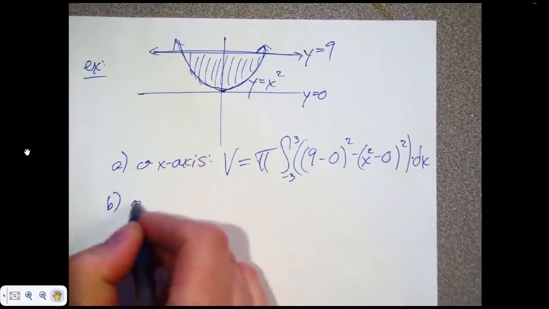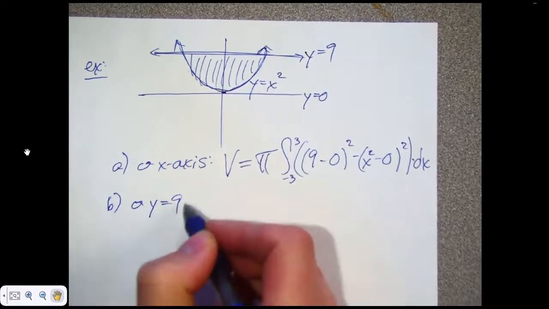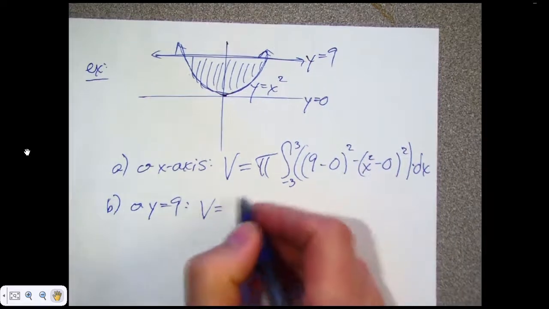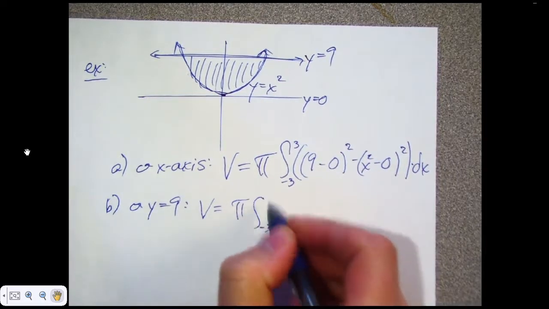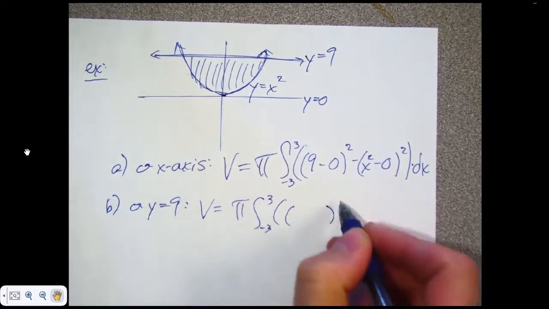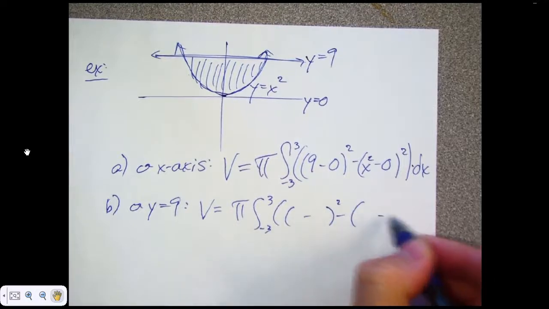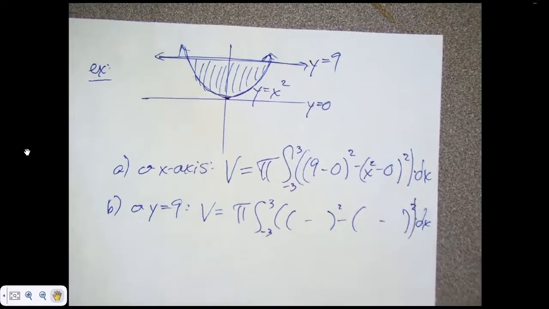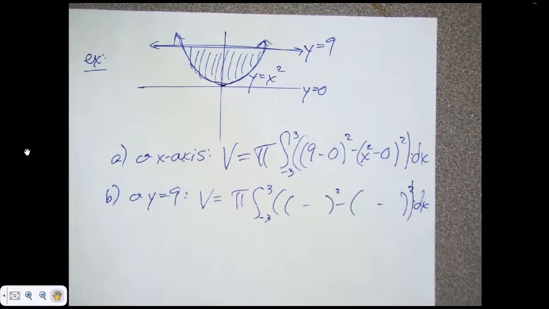For B, we're going to go around y equals 9. So this one's a little different because we're on the line. Set up my general plan. Alright, so think which equation is on the outside.